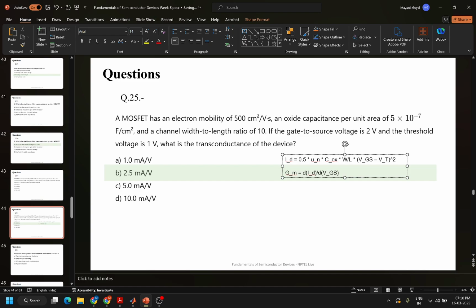You know conductance is I by V, so transconductance you can calculate by dID by dVGS. If I calculate that, all these are constant, I will get 2 into (VGS minus VT), and that 2 will cancel with this 0.5.